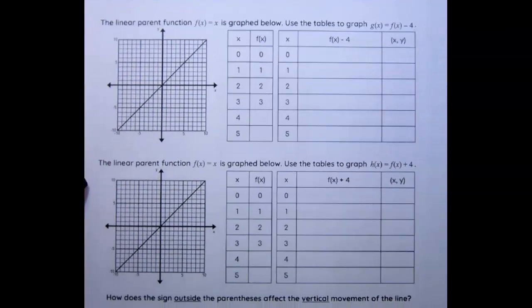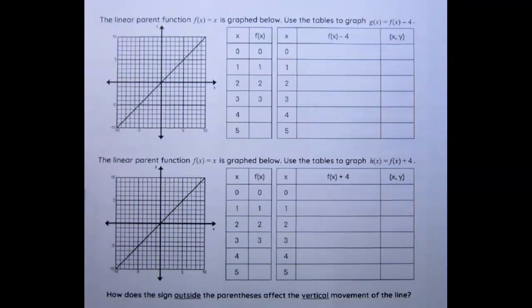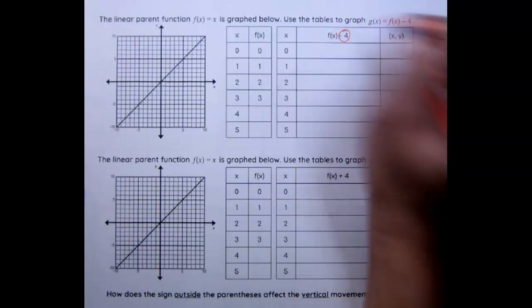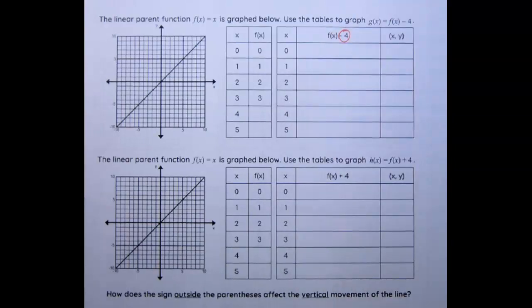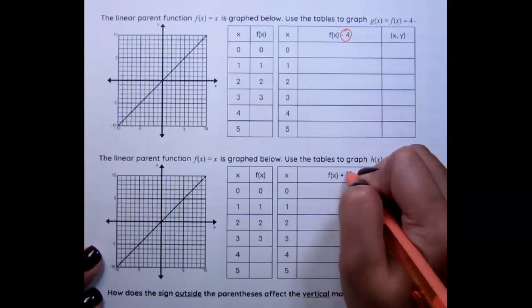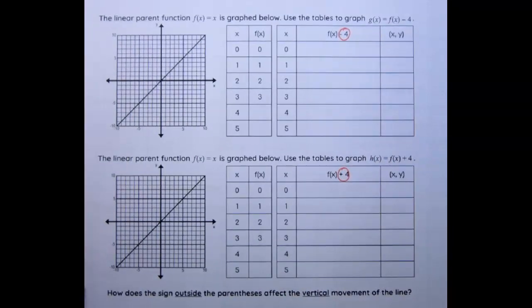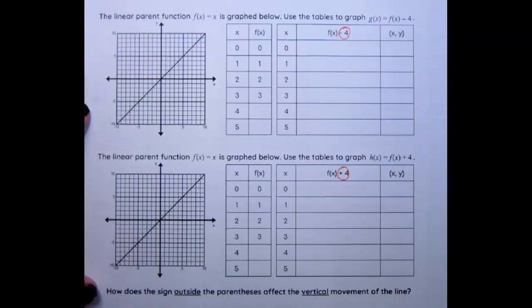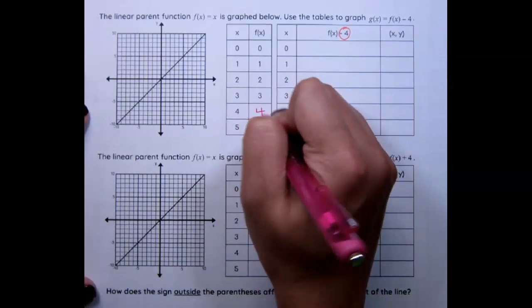Okay, so now we have a couple more examples. Now, these may look exactly like what we did last time, but these are different. Because if you look carefully, this minus 4 is not inside the parentheses. It's on the outside. And this plus 4 is also on the outside of the parentheses. So I'm not going to do the whole table to save us a little bit of time.